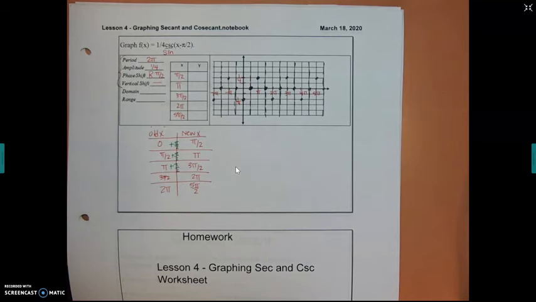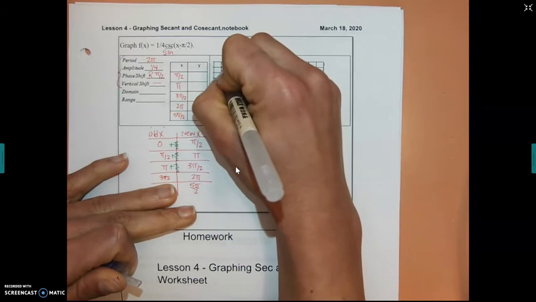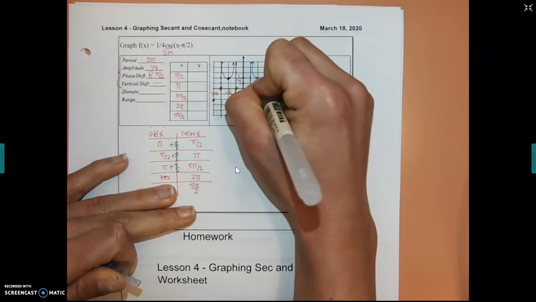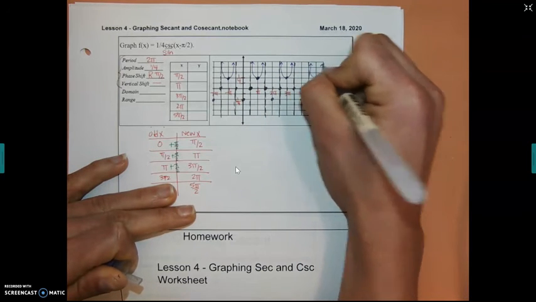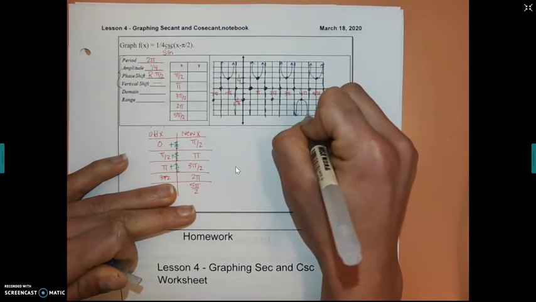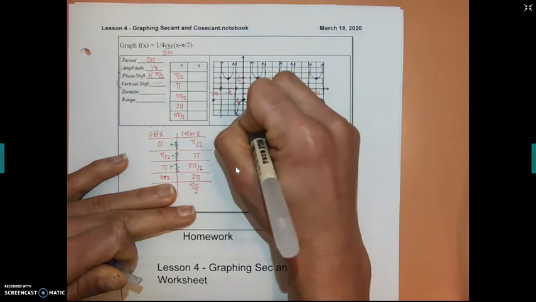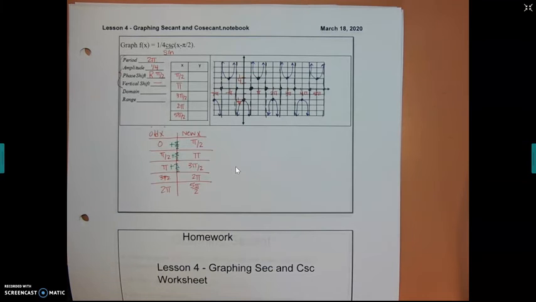And then any point that is a max becomes a little min, for the cosecant. So this is what we have for our graph. Okay, so there's my finished cosecant graph.